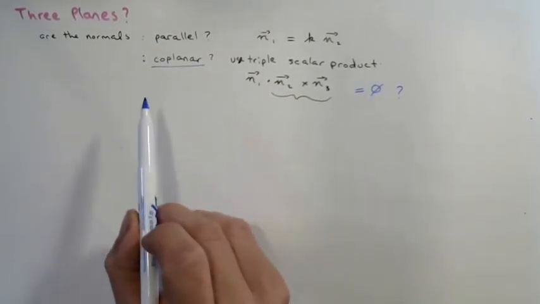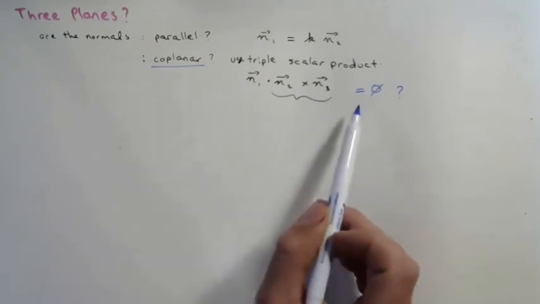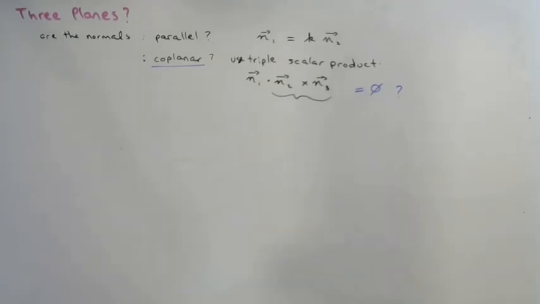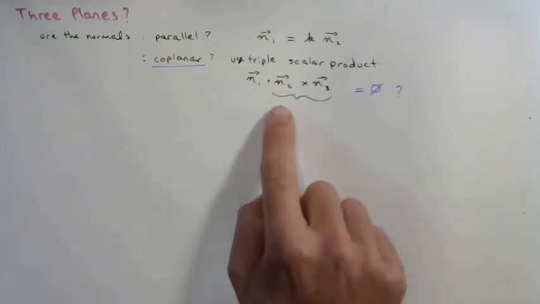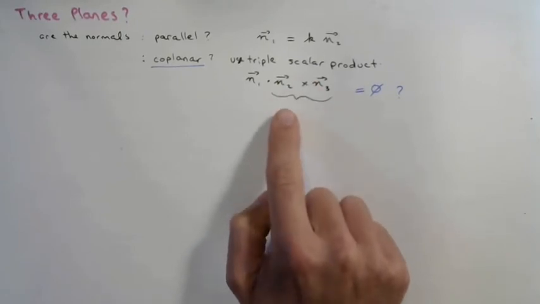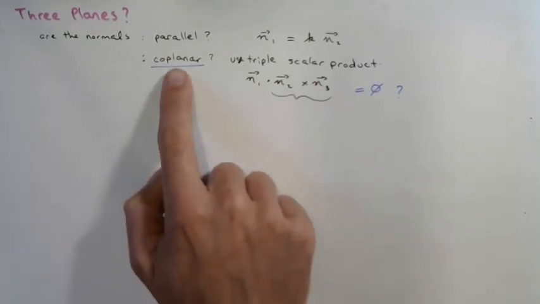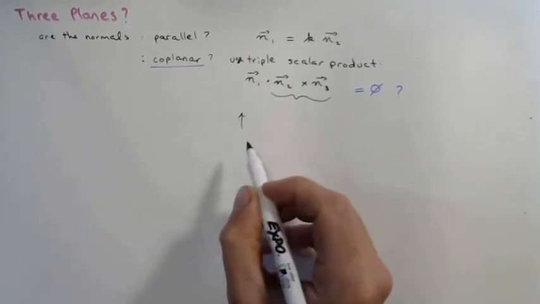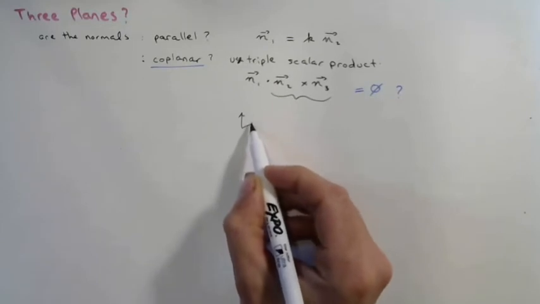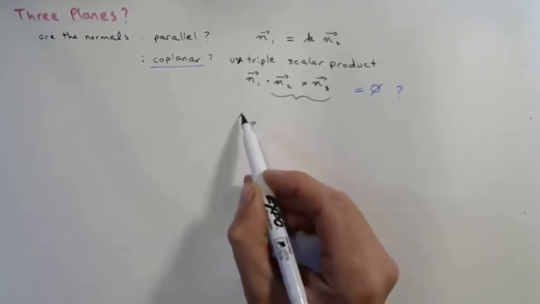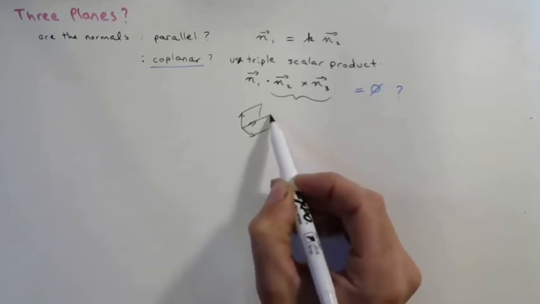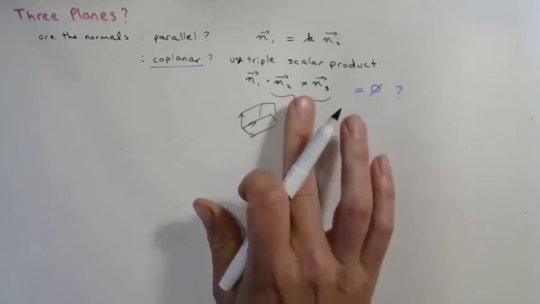That would make these normals coplanar if the volume of this solid was 0, okay? And likewise, if we don't get 0 from this triple scalar product, then we know that they are not coplanar, because there is a height, a depth, and a width, okay? Right, there's our figure, something like that, down, across, down. I don't know how to draw it, but you get what I'm saying.